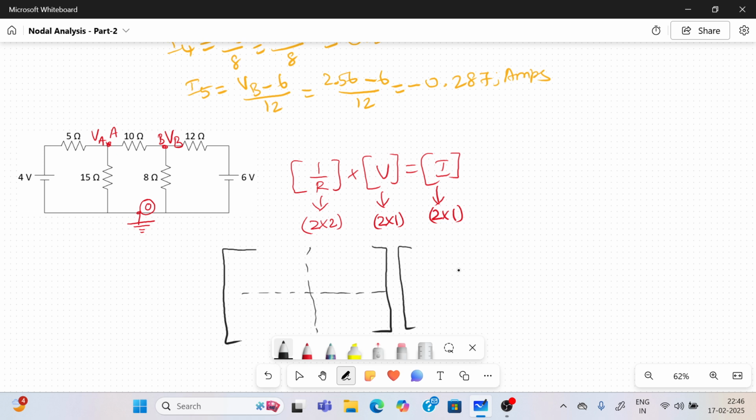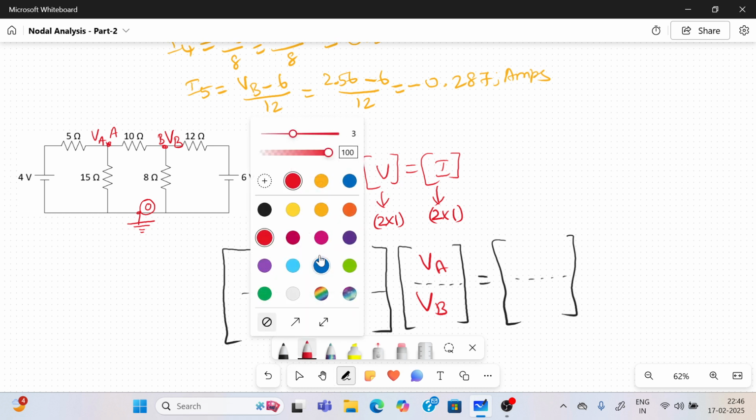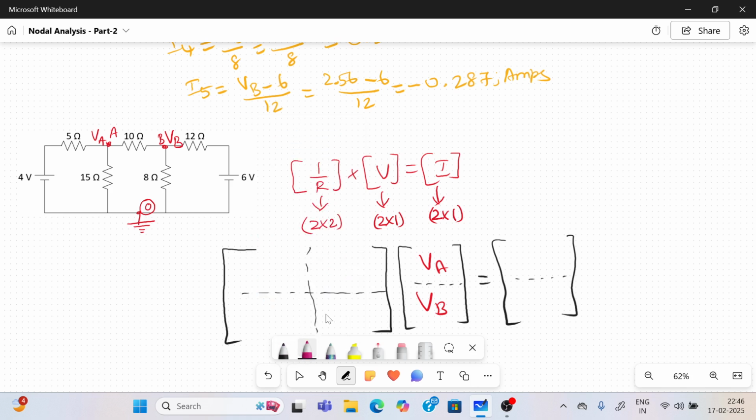Voltage V1, V2, then current. Okay. The voltages are VA and VB. So what values will come here? You have to take whatever resistors are connected with the node. What are the resistors connected with node A? 5 ohm resistor, 15 ohm, and 10 ohm are connected.